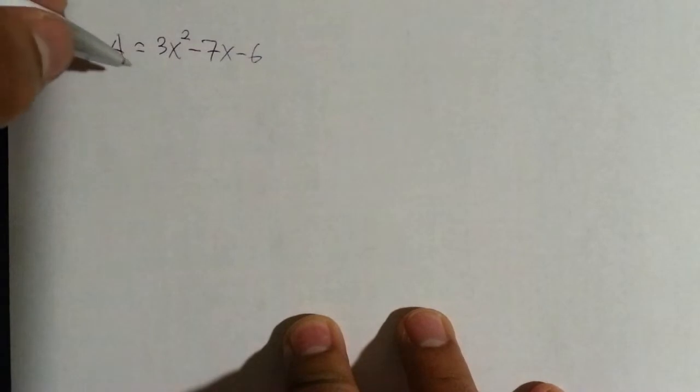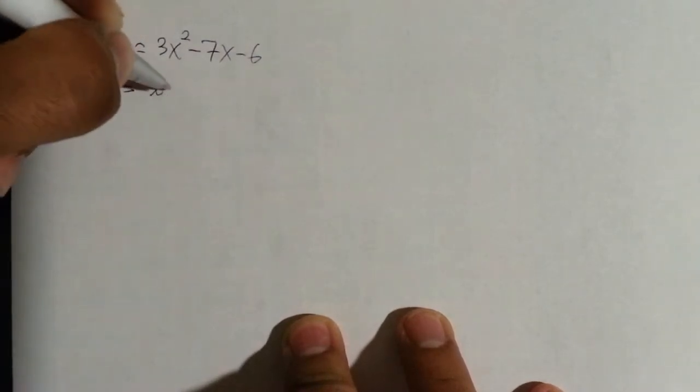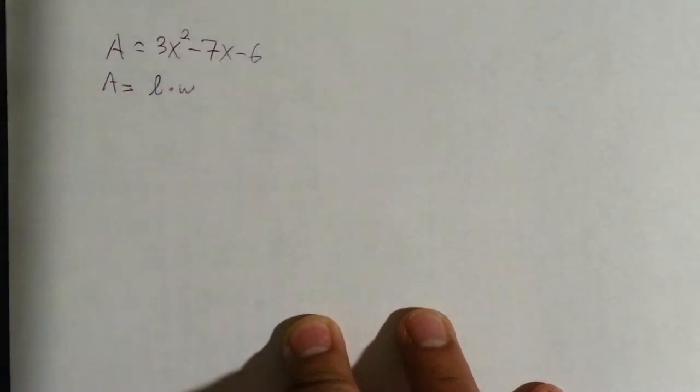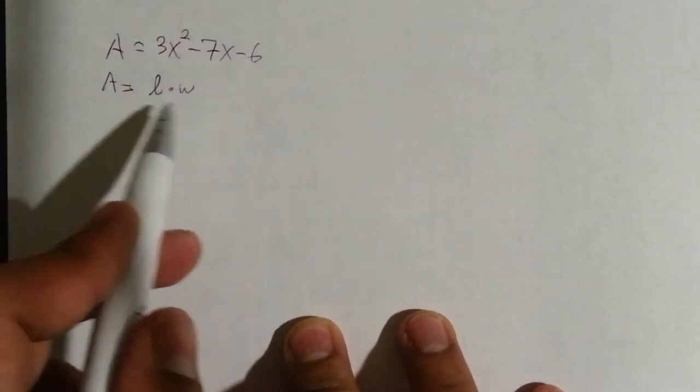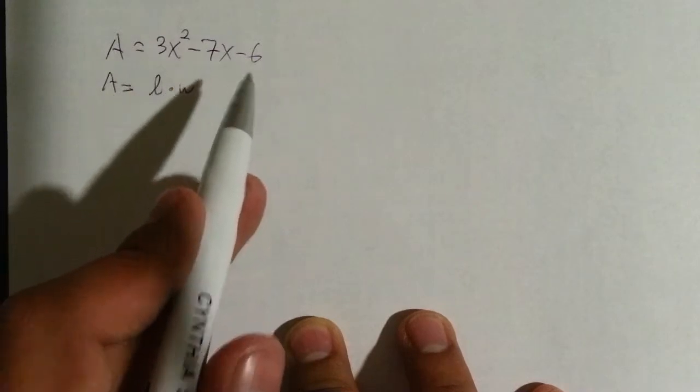is equal to 3x squared minus 7x minus 6, area of a rectangle is given by length times width. So we want to think of two quantities that we multiply to get 3x squared minus 7x minus 6.